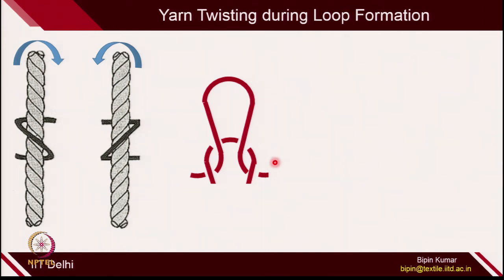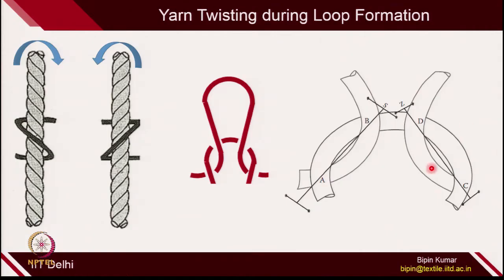Naturally, because of the twist variation in the loop on the left side and right side, the loop cannot remain stable. On the left side there is additional S twist, and on the right side of the loop there is additional Z twist, and because of that the courses do not look perfectly horizontal; they make a certain angle, because all the loops in that course will bend.